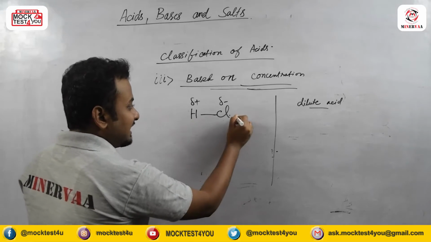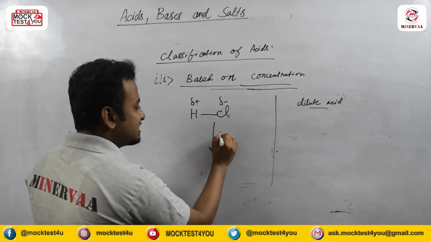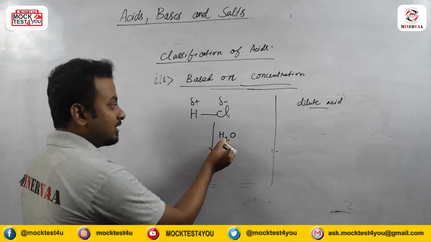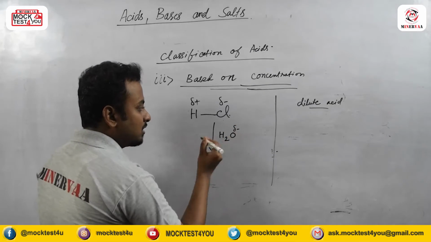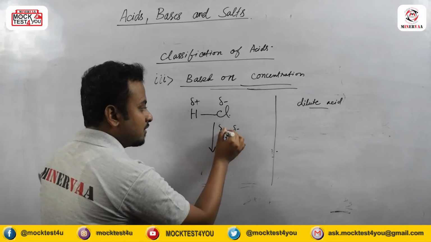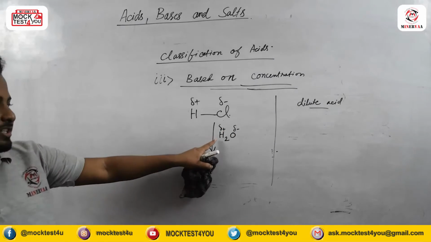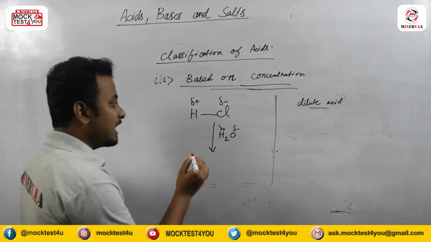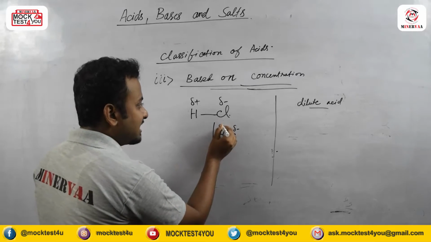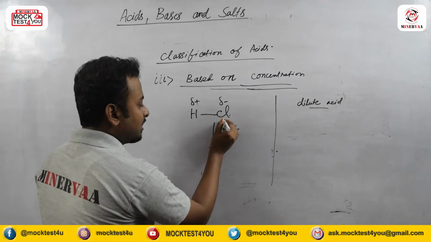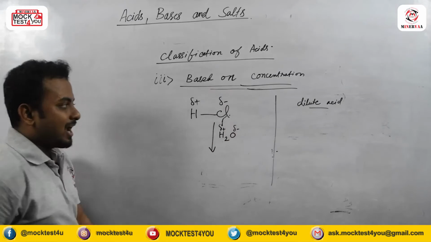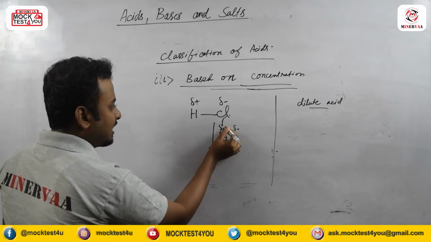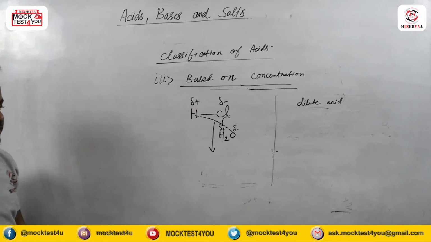And when this HCl is dissolved in water, even water is also a dipole, right? Upon H there will be delta positive and upon O there will be delta negative. So this delta positive will attract the delta negative, and this delta negative will attract the delta positive.